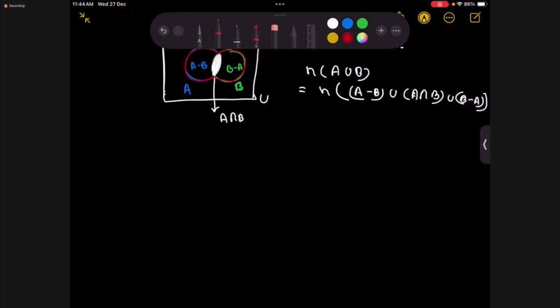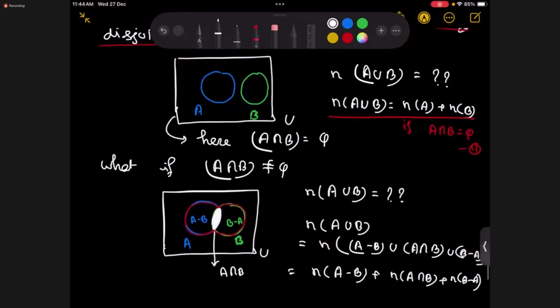Using 1 and 2, we can clearly write n of A union B equals n of A minus B plus n of A intersection B plus n of B minus A. Why? Because they are mutually disjoint, and for mutually disjoint sets we have this statement. So using that statement, we can clearly say this.